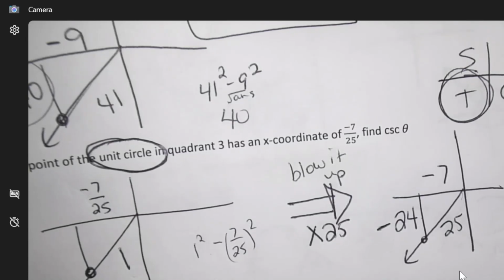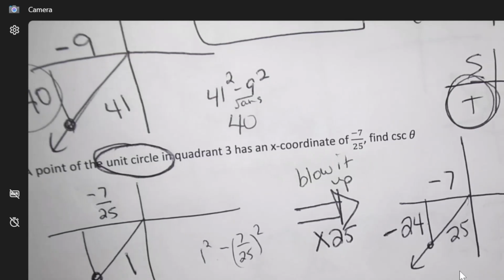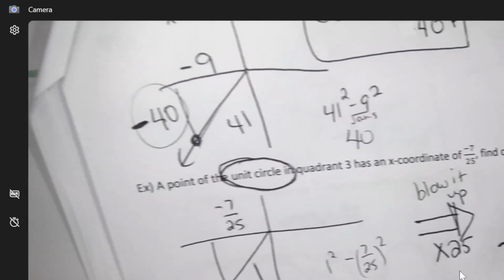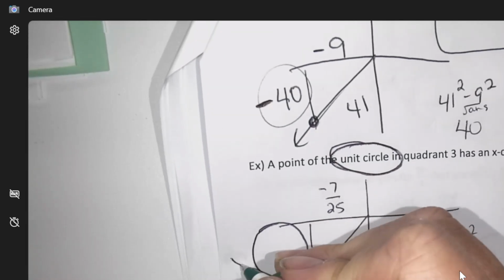Okay, that's the answer. I just want to talk about something else it could ask. It could say, what's the y coordinate on this? So the y coordinate is not negative 24, because I'd have to go back to the original. So what is the original y value?